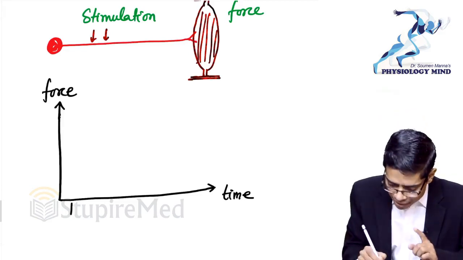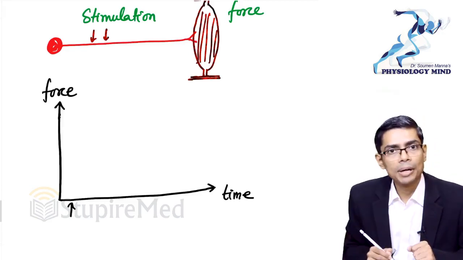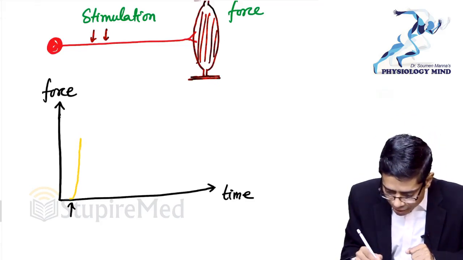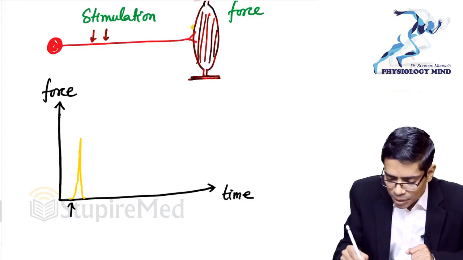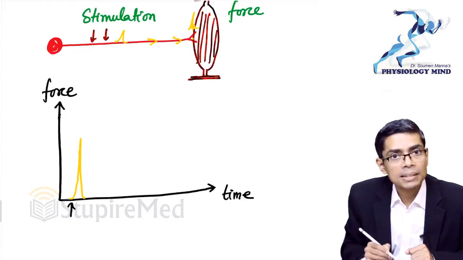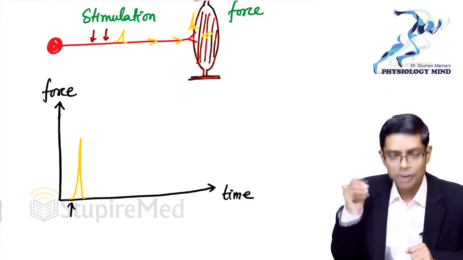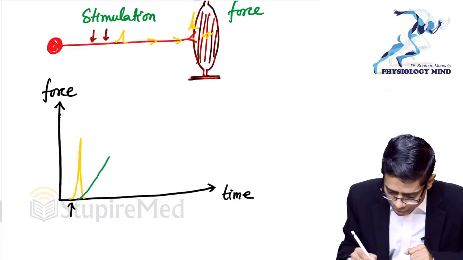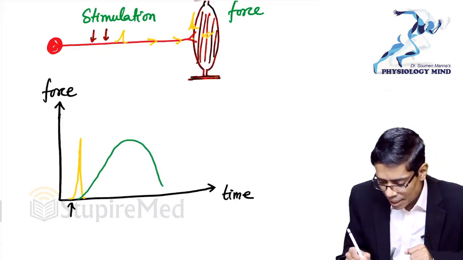If I give a single stimulation at this arrow point, there will be generation of an action potential on the muscle membrane, then this muscle will contract, followed by muscle relaxation.